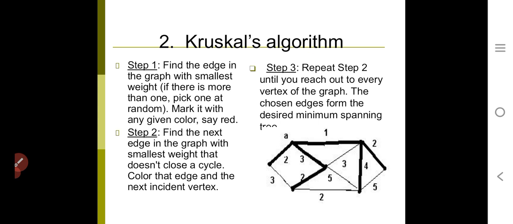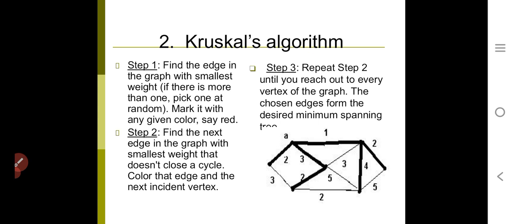Then again we find the next smallest weight in the graph and make another color on that edge. And we have one condition: the vertex or the edge must not make any cycle. A spanning tree has no cycle, so this is the condition. Then repeat step 2 until all the vertices in the graph are covered. Then at last we find the minimal spanning tree.